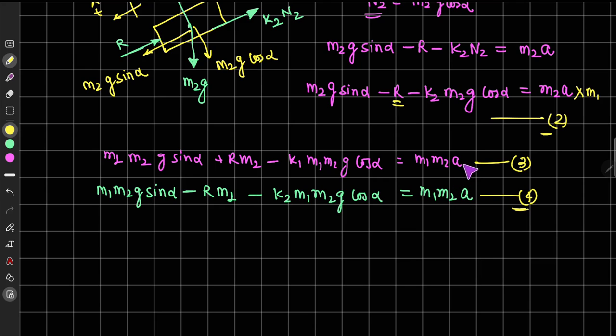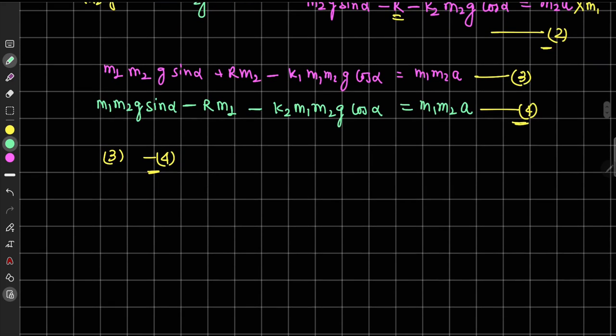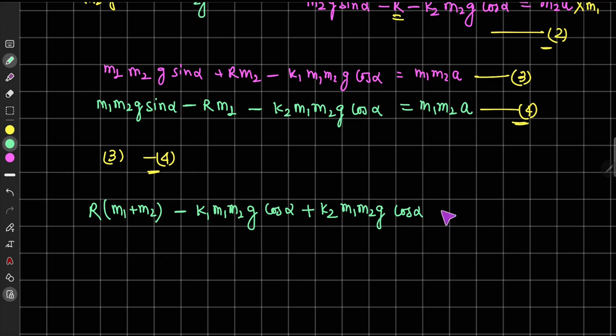Now in order to eliminate these terms, we can subtract these two equations, 3 minus 4. These two terms are the same, so they will get cancelled, and here we will get R times (m1 + m2) − k1 m1 m2 g cos alpha + k2 m1 m2 g cos alpha = 0.